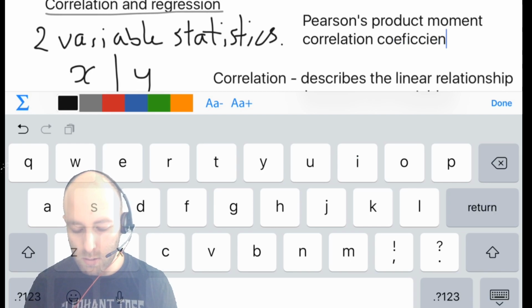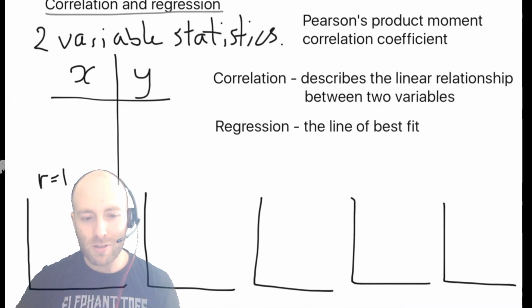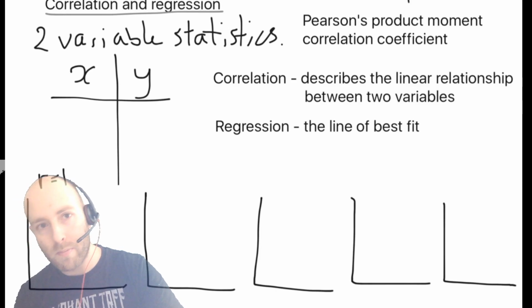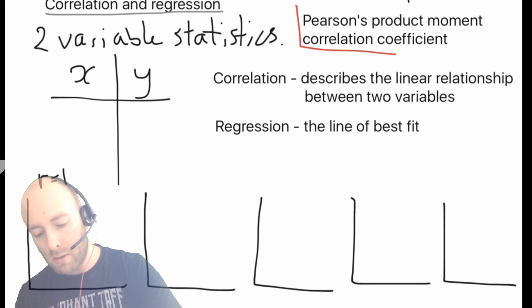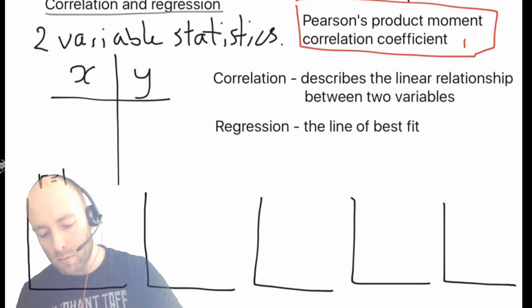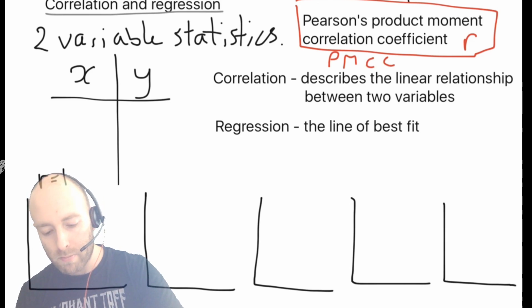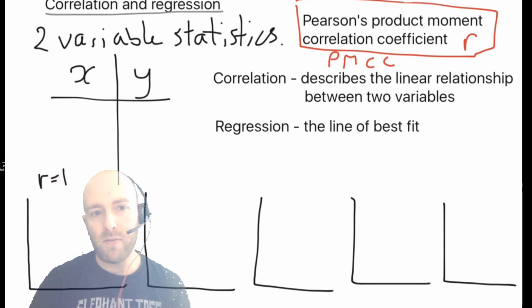So you can see why we use an acronym. Really it's just R, sometimes called the PMCC for obvious reasons. And it's just a number between -1 and 1 that tells you how correlated something is.